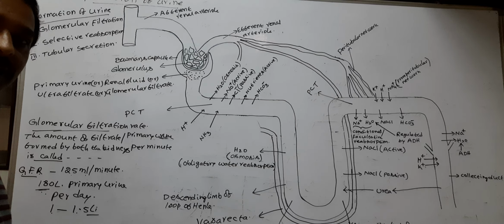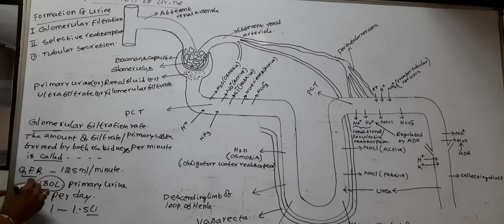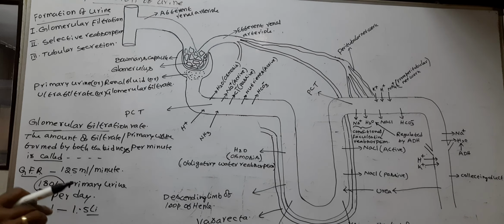So a large amount of urine is formed in both the kidneys, but a little amount of urine is excreted.